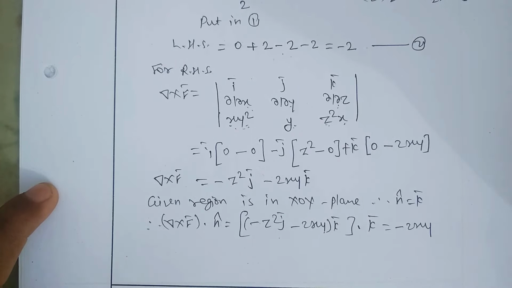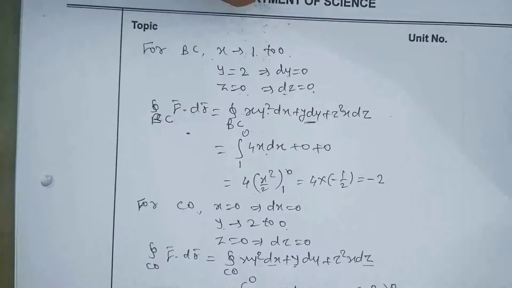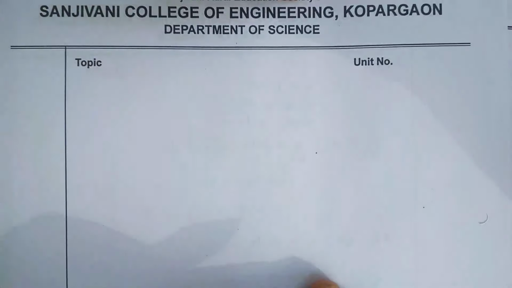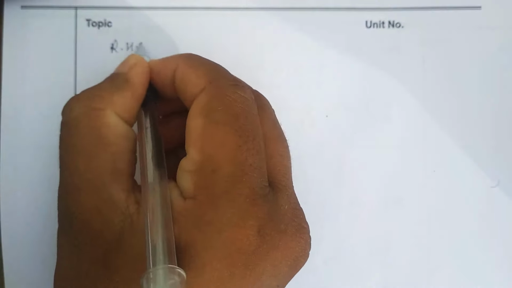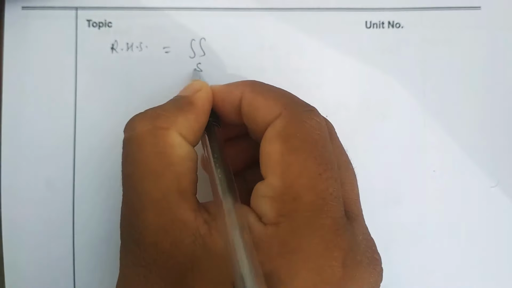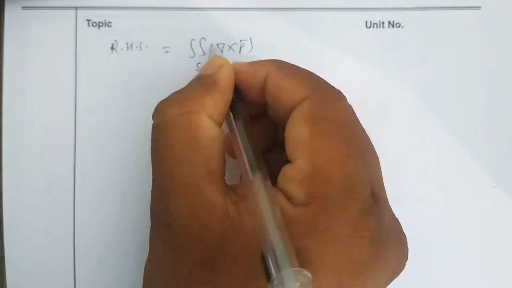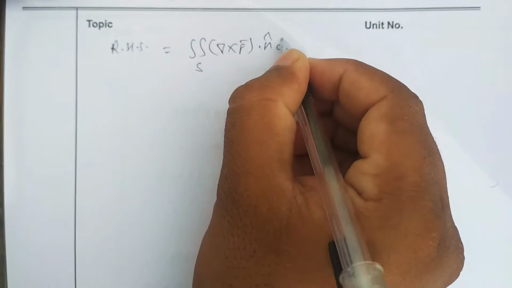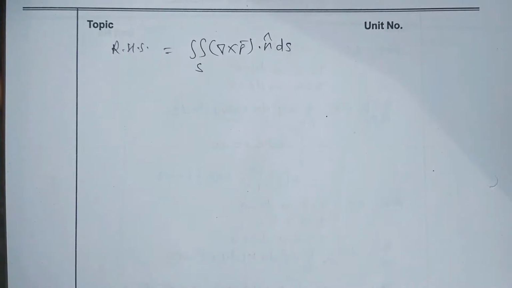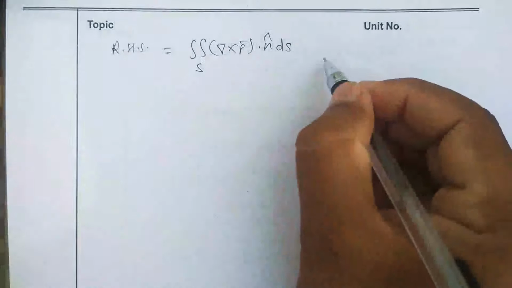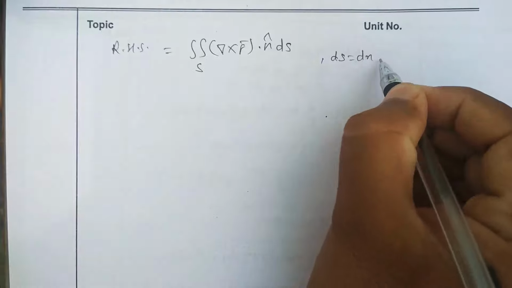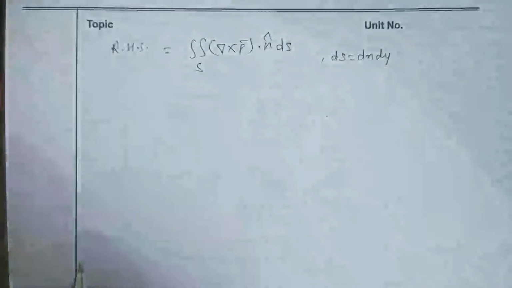Now the RHS. So what is RHS? RHS is equal to the double integration over S of del cross F bar dot n cap dS. In this example the value of dS is dx into dy, because the given region is in the xy plane.